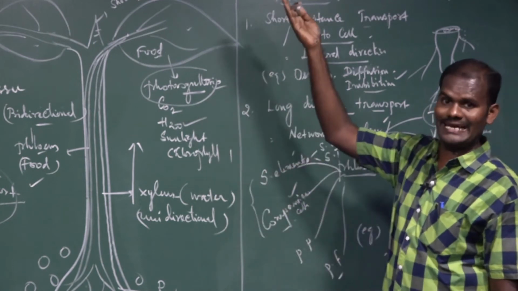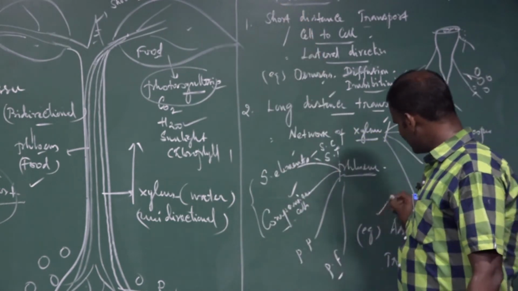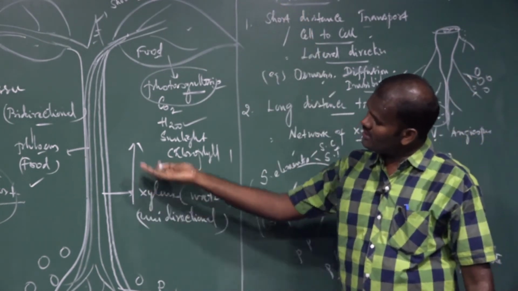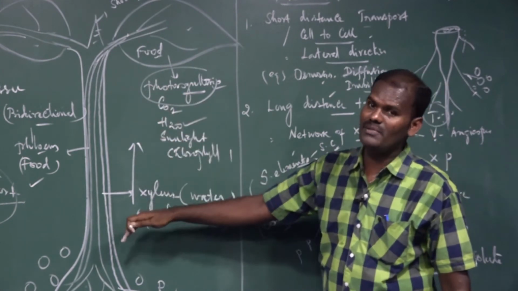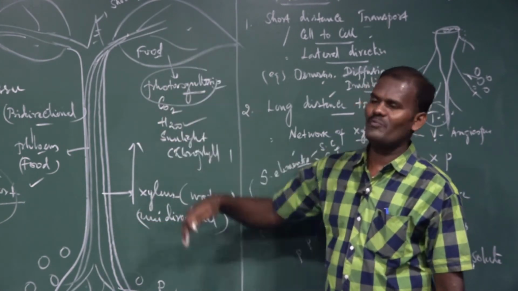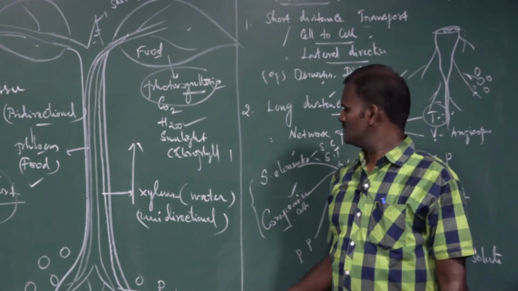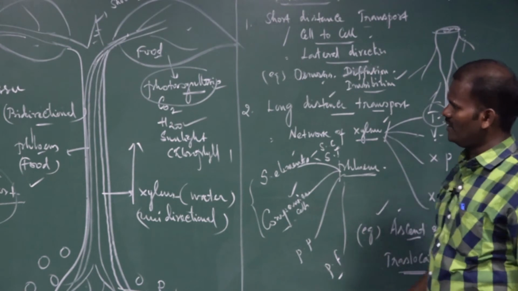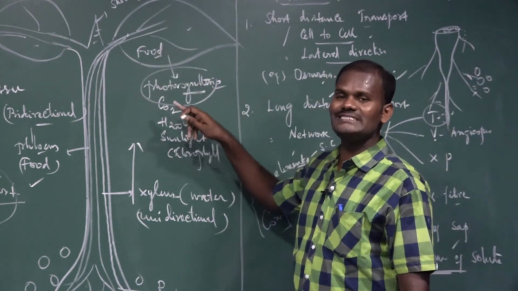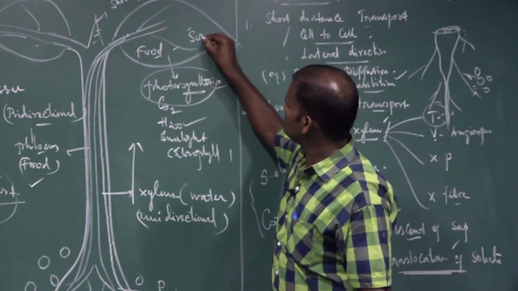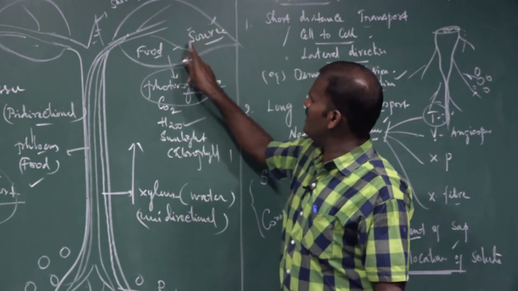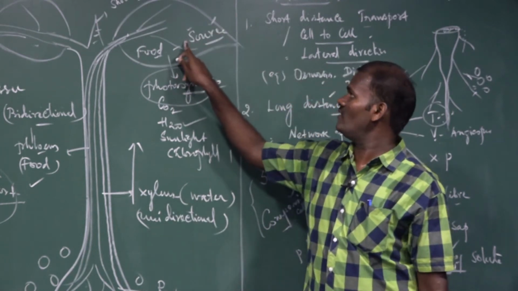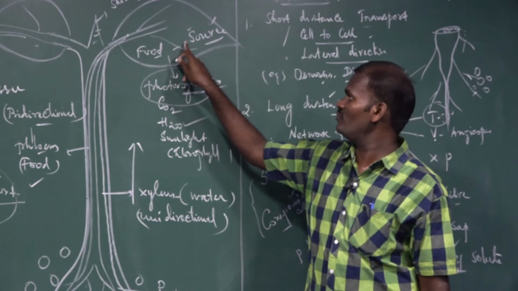It's a long distance transport. Ascent of sap is nothing but the upward movement of water along with the mineral salts to all parts of the plant body. That's the important one. Next, translocation of solute, from source to sink. Leaf is a source, an area for manufacture or synthesis of food material.